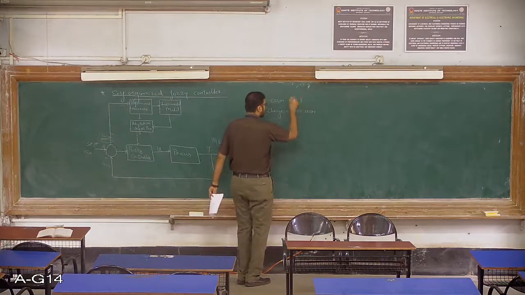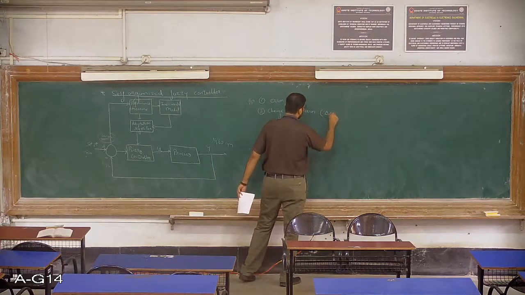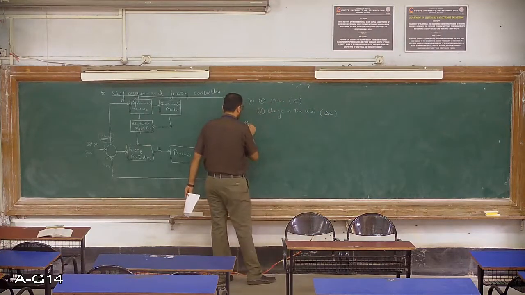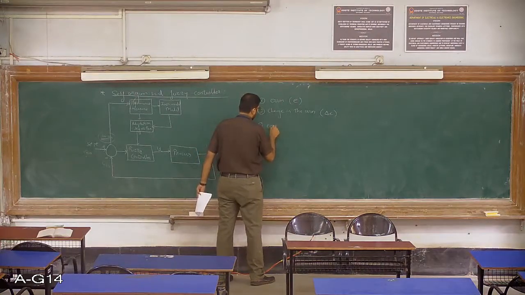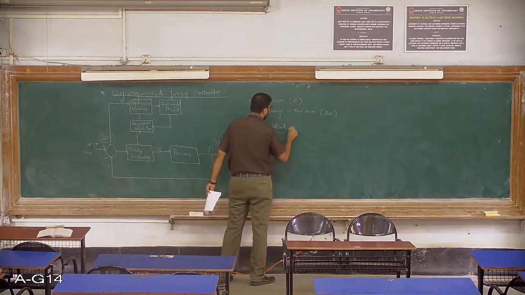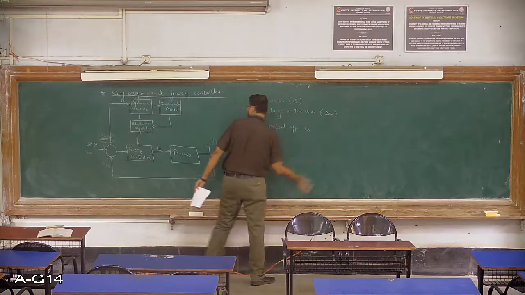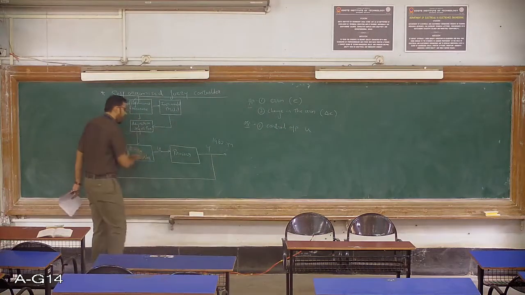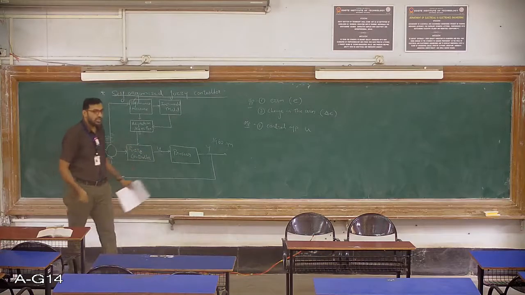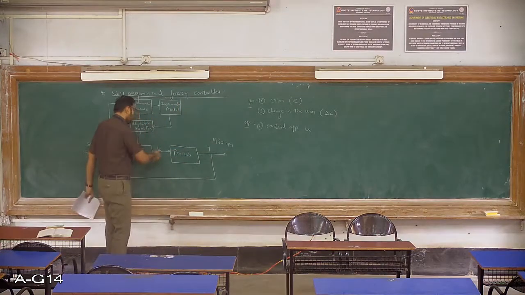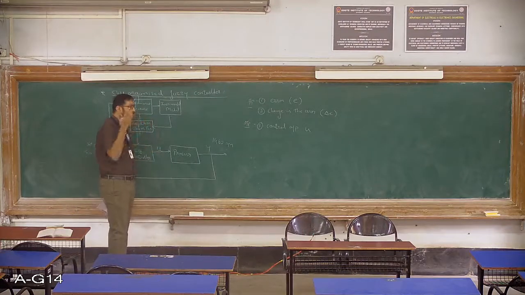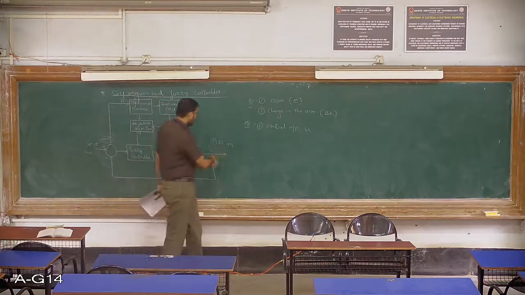So error is E, and change in the error is delta E, and the control output is U. Control output is nothing but the output which is coming from our fuzzy control. So if the speed is 1480 rpm, the control output will say that the speed has to be increased by 20 rpm in order to get the output as 1500 rpm.